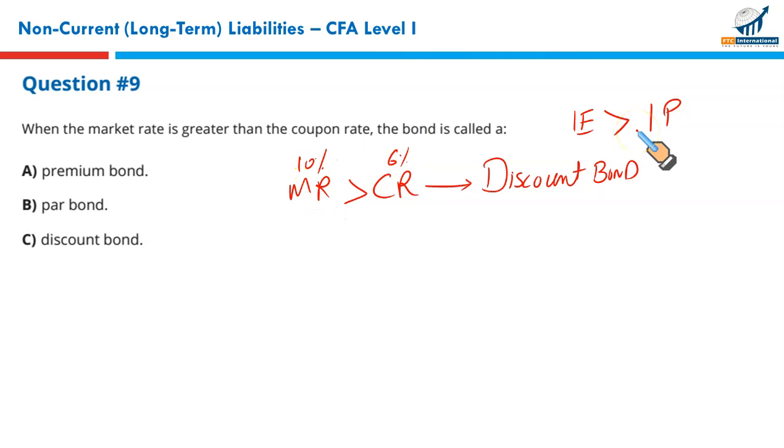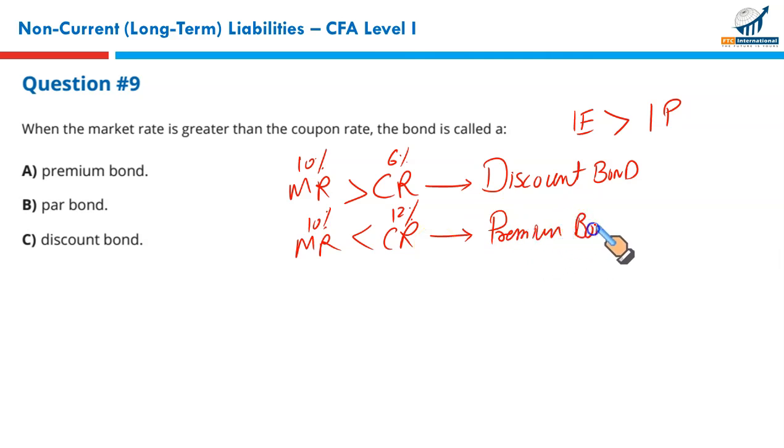Next, let's say if your coupon rate is greater than the market rate, you are offering 12%, whereas the market rate is 10%. Since your rate is so good, people will be willing to pay more than the par of the bond. This is called a premium bond. In this case, your interest expense, we will do the computations later, would be less than the interest payment.